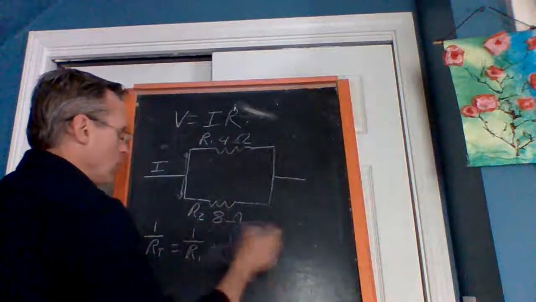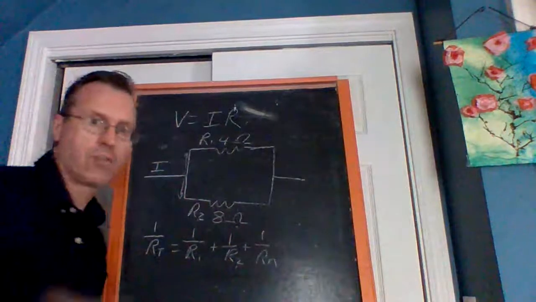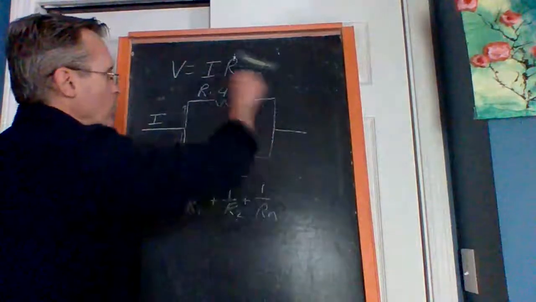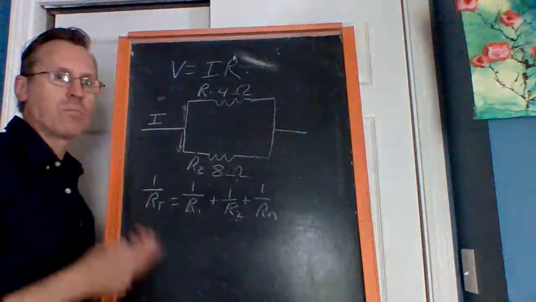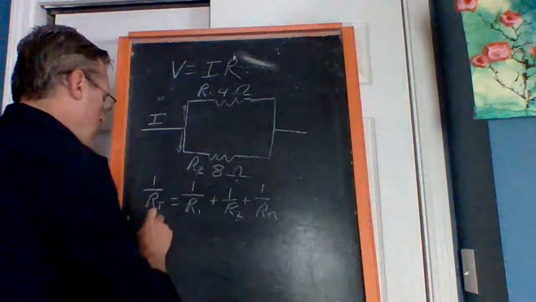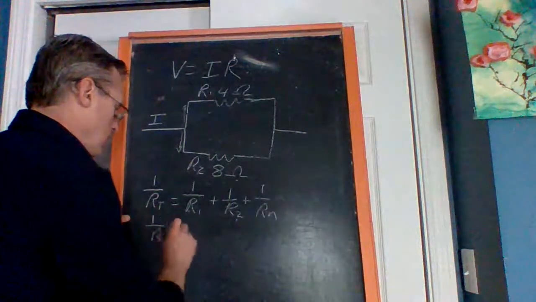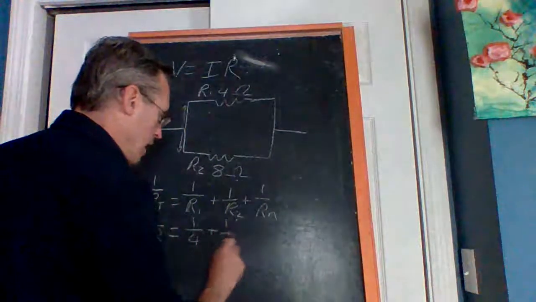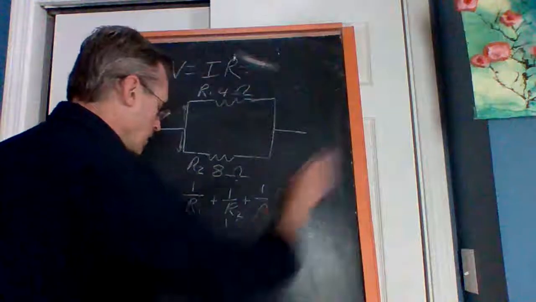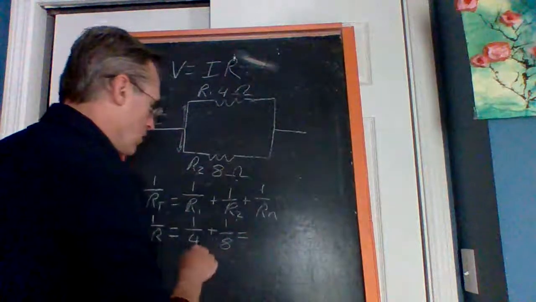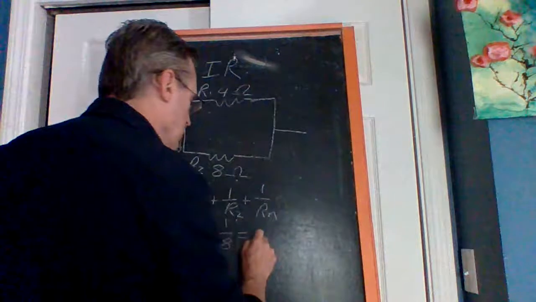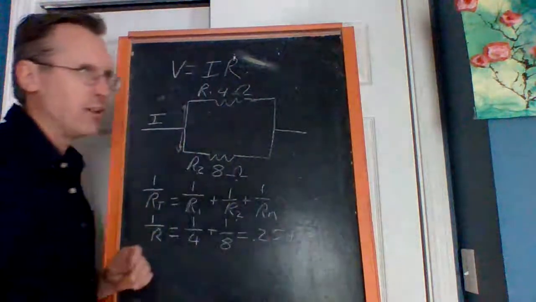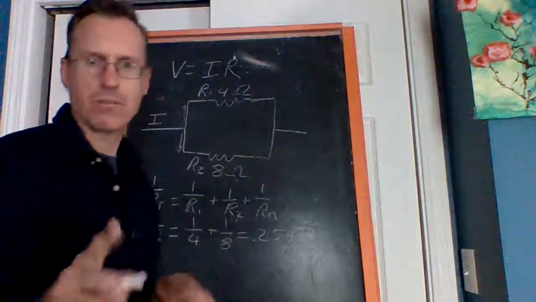So what is the total resistance in this case? Let me lower this a little bit. If I hook the 4 and the 8, what's the total resistance in this section of the circuit? Well, I have 1 over the total resistance is equal to 1 over 4 ohms plus 1 over 8 ohms, which is 0.25 plus 1 over 8, which is like 0.12, and if I get it wrong, just put it in the comments.